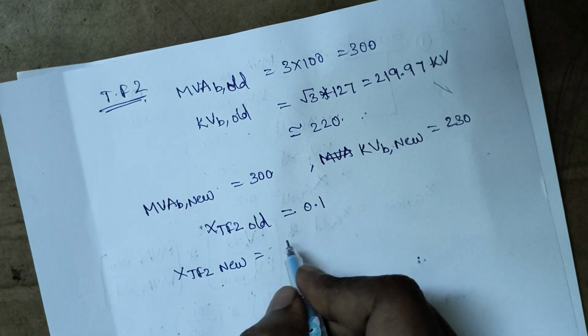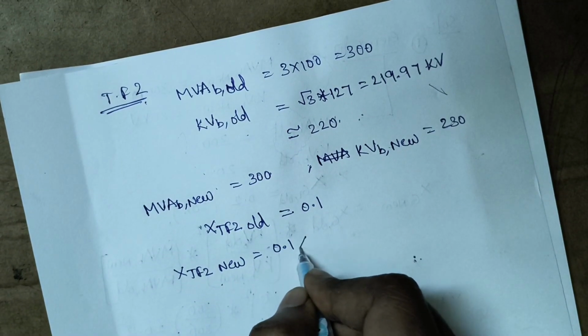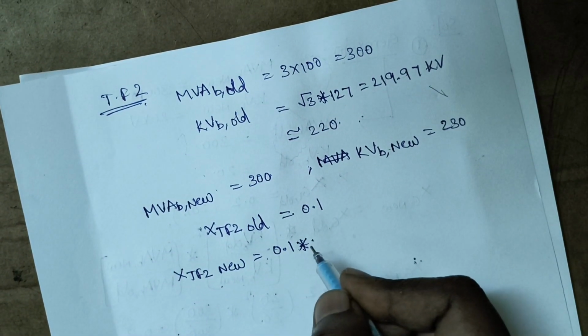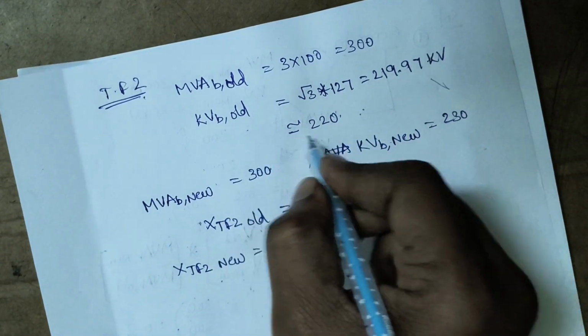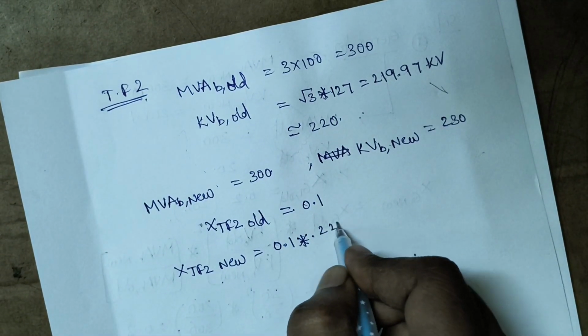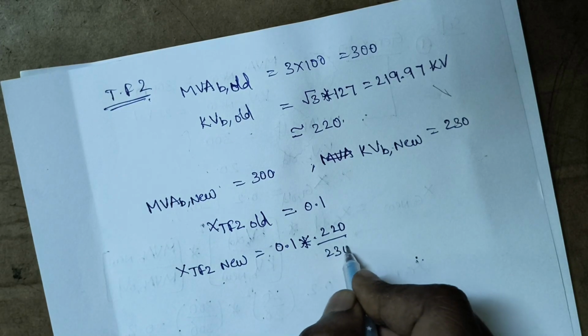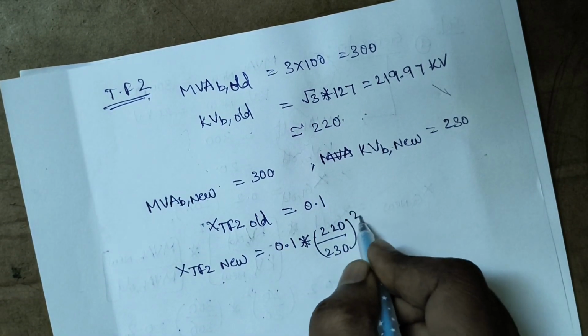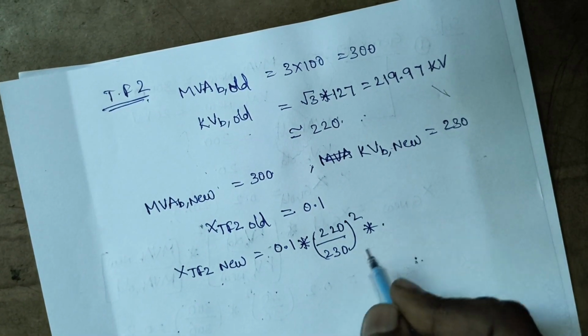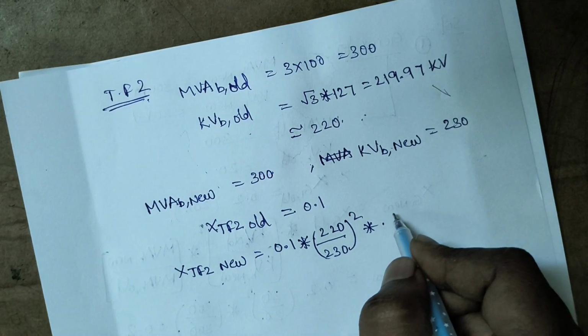X transformer old, that is 0.1 into KVB old, KVB old is 220 divided by KVB new is 230 whole square, multiplied by MVAB new.